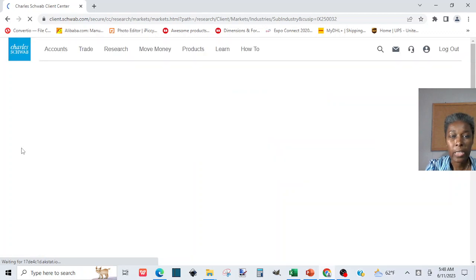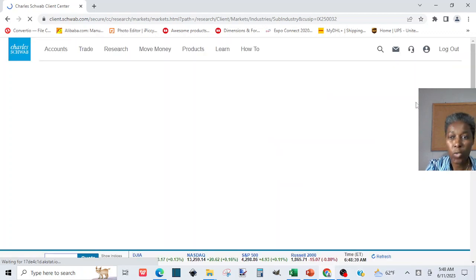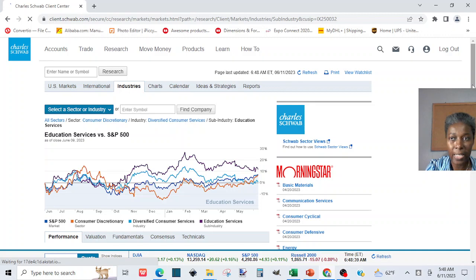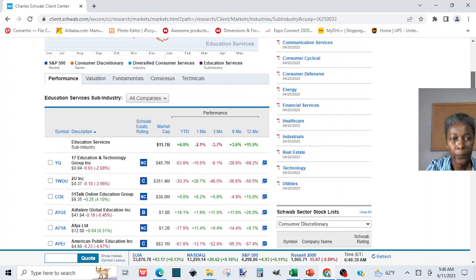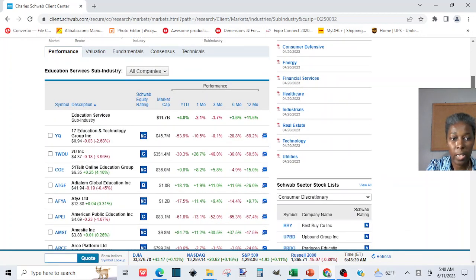When you click on the sub-industry, you are going to find the companies that are classified under that sub-industry. And you can see the path as well. And you scroll down. But because we are looking for dividend stock, we are not going to go with the performance data, but we are going to go with valuations.